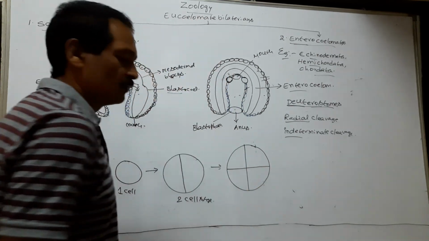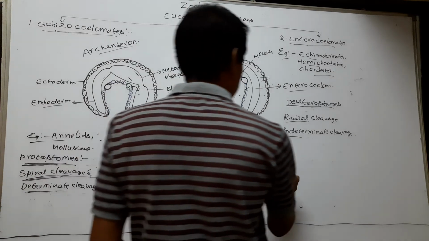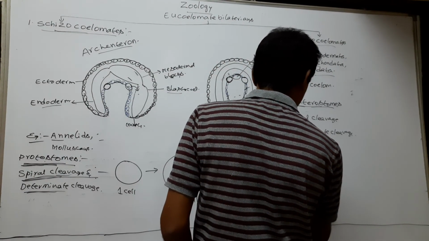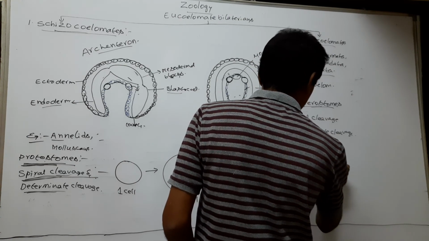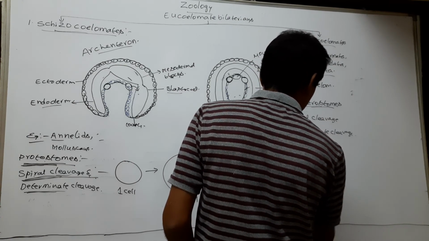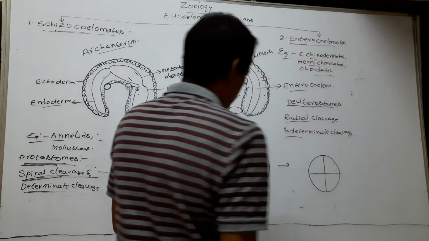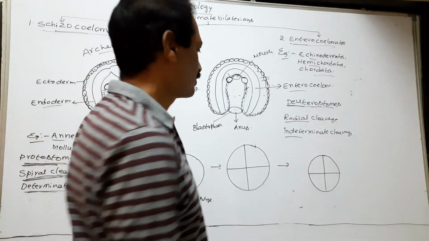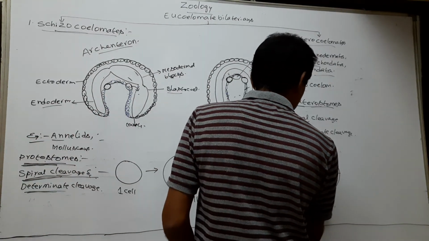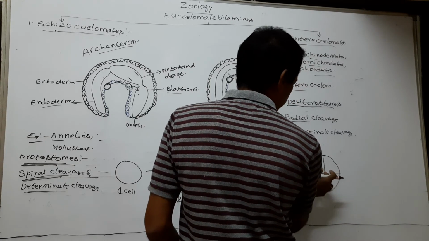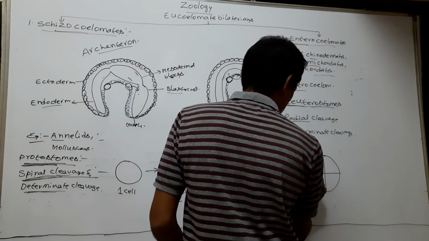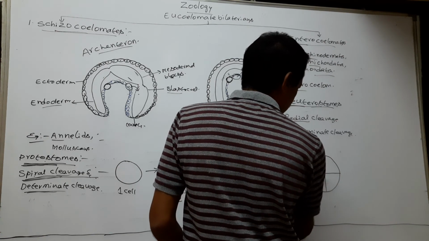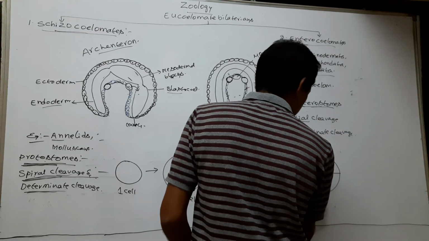This is the 4-cell stage. Next, the 4 cells in the zygote divide and produce 8 cells. First 4 cells are arranged in the lower tier. Next 4 cells are arranged in the upper tier.